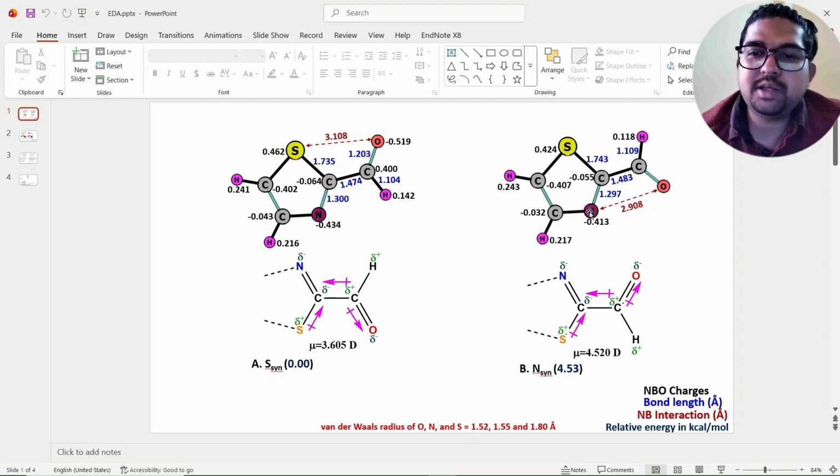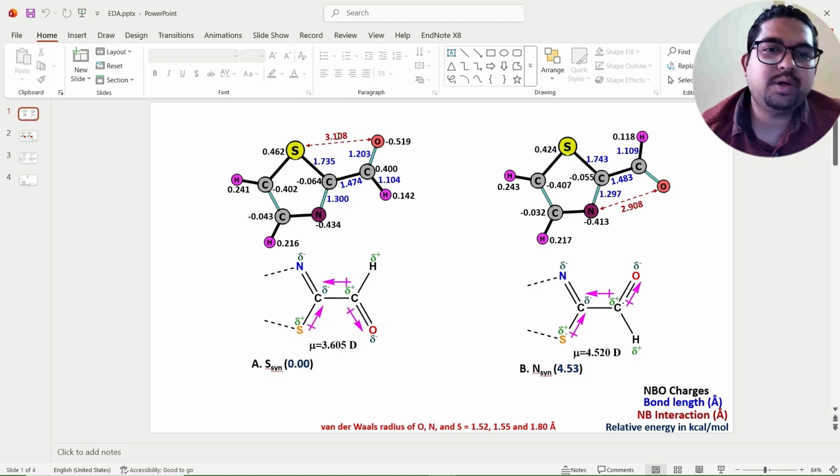If we add the van der Waals radii of sulfur and oxygen: the van der Waals radius of oxygen is around 1.52, and for sulfur it is around 1.80. If we add them, it will be around 3.2 something.